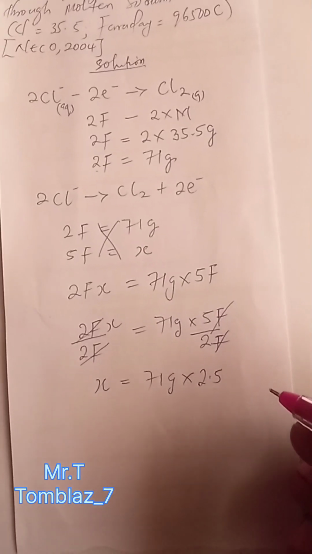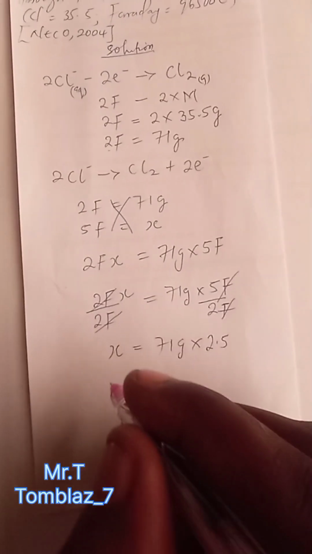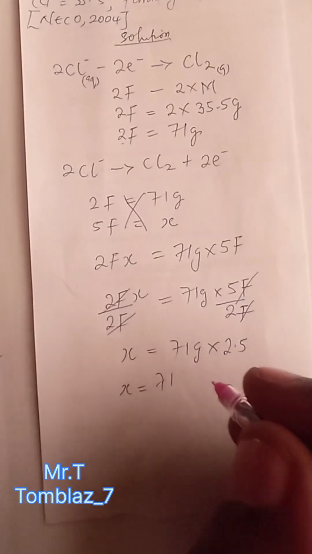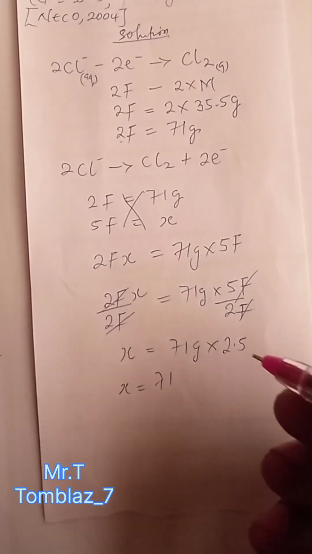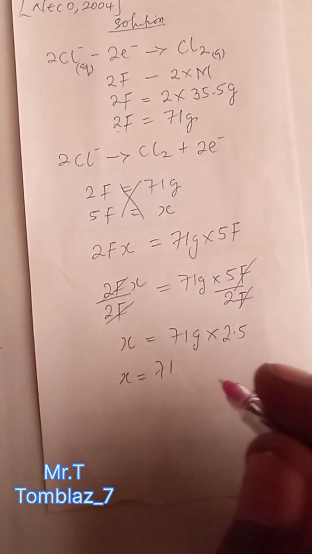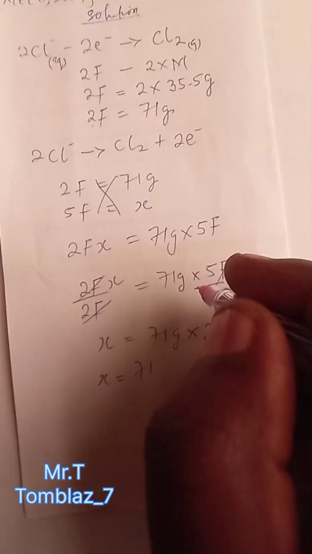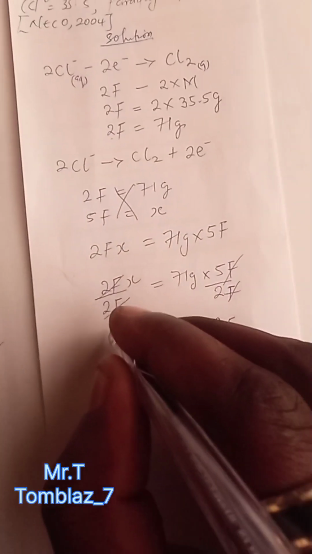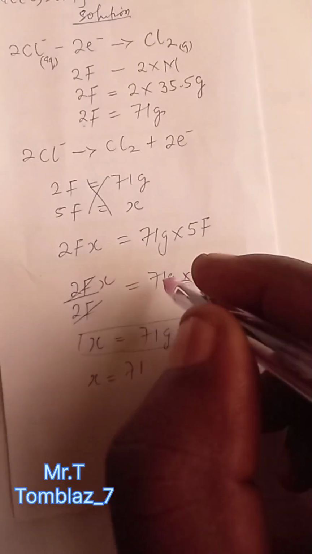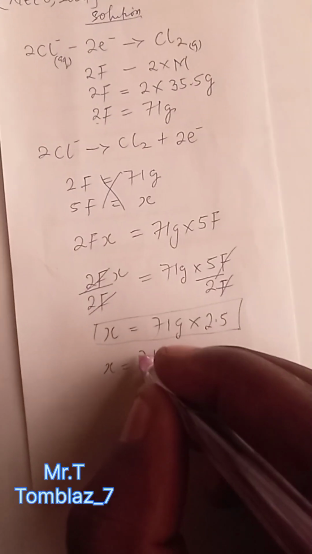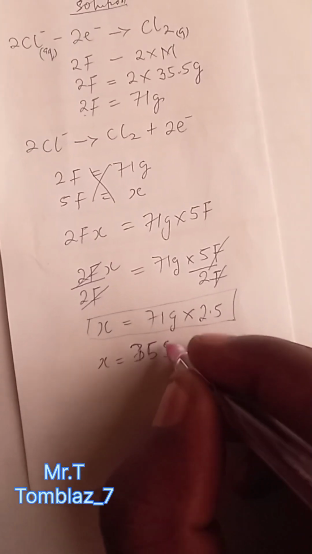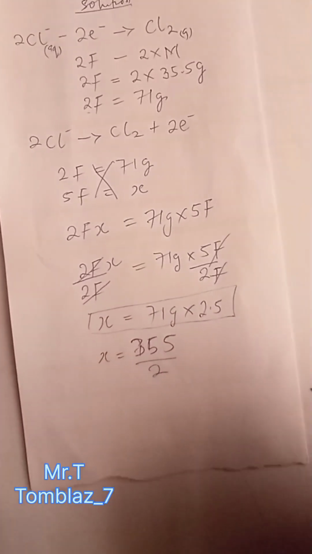5 divided by 2 gives you 2.5. So x will be equal to 71 times 2.5. Let's just multiply: 71 times 5 gives you 355, divided by 2.